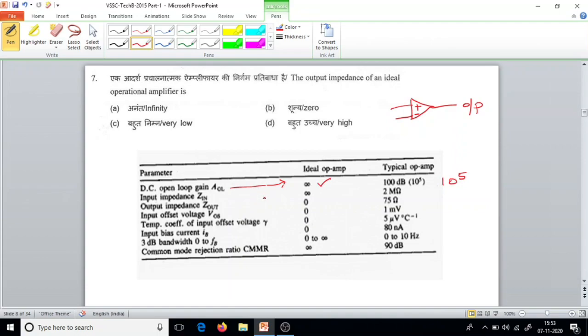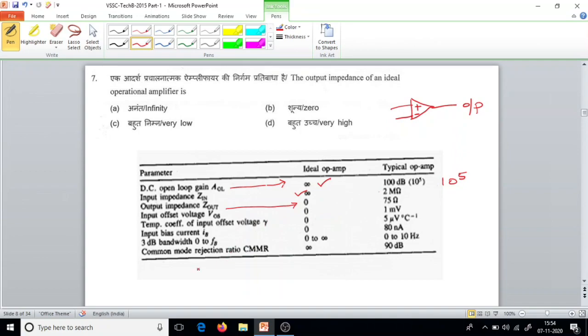An op-amp should have input impedance of infinity. Why will we say we should have impedance of high value? Because then it doesn't load the driver. Practically it is almost 2 mega ohm. What is the output impedance of an op-amp? That is ideally 0, but normally it is 50 to 75 ohms.